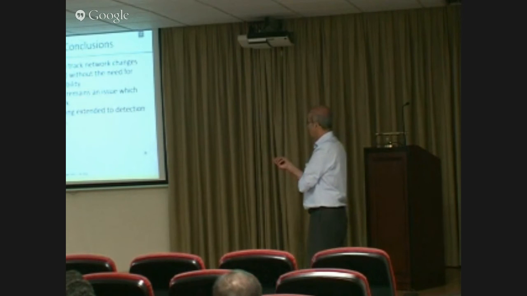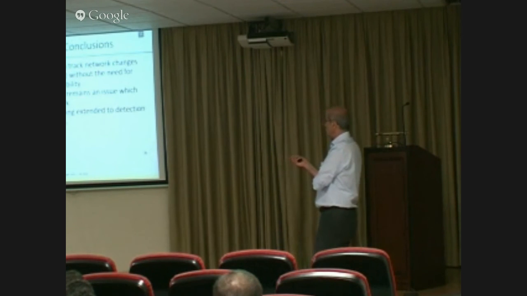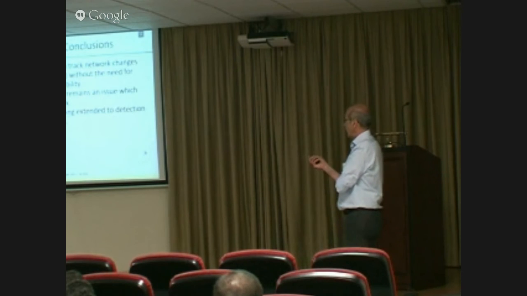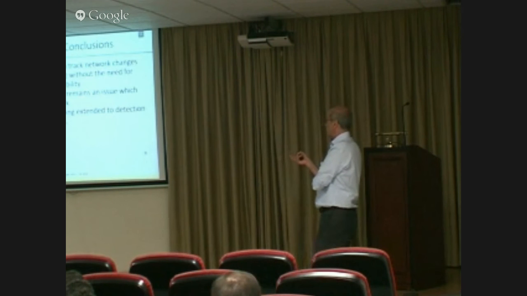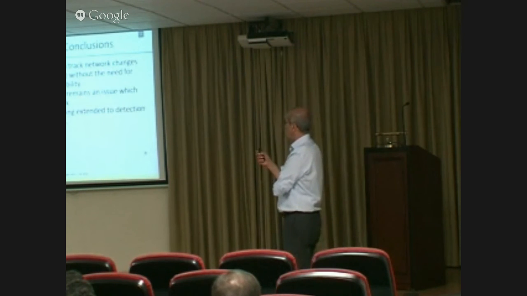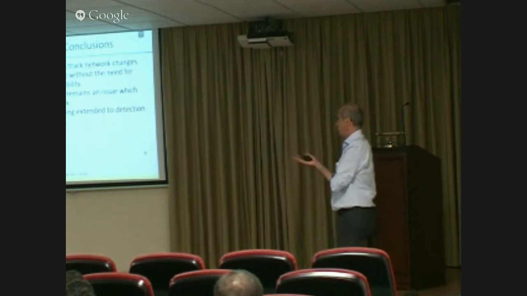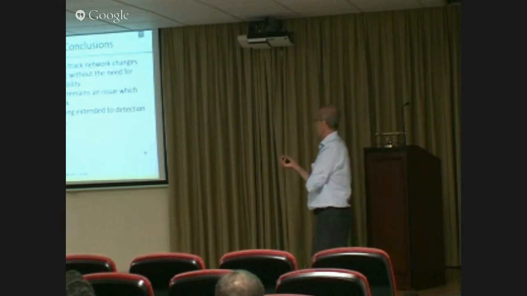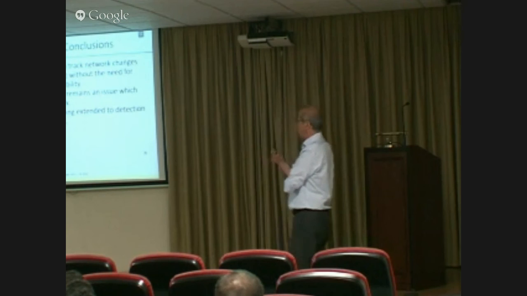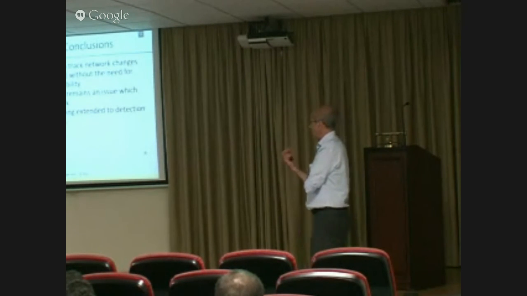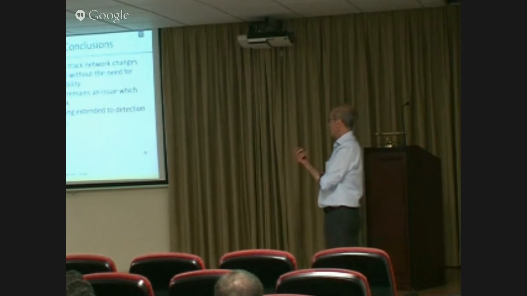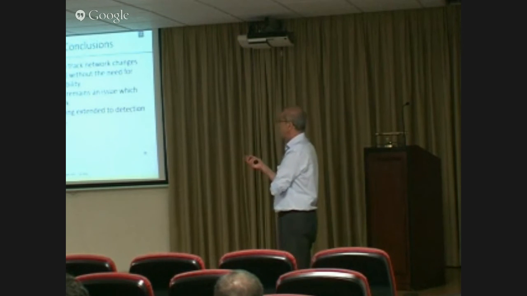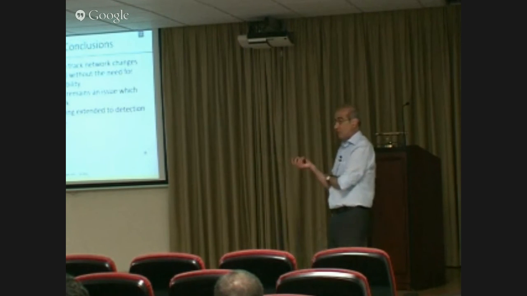I think the bottom line is the PMUs can be used to track network changes in the external system, such as line outages, or if you consider them as network changes, you can track faults and also locate them along that faulted line without the need for measuring each and every bus or even having a fully observable network in the state estimation sense.